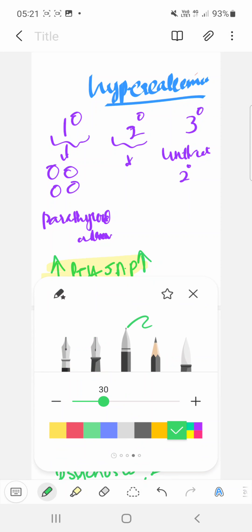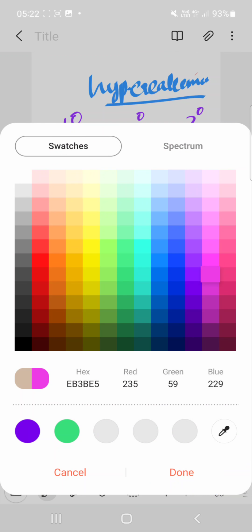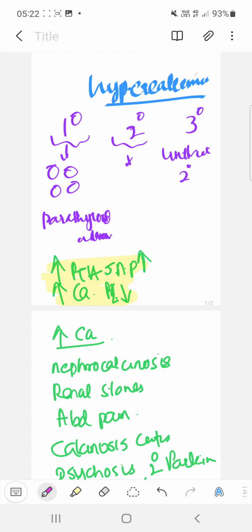Whereas here, in secondary hyperparathyroidism, the problem is chronic renal failure.